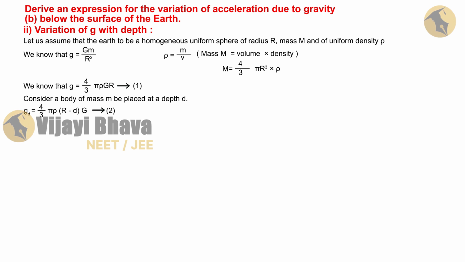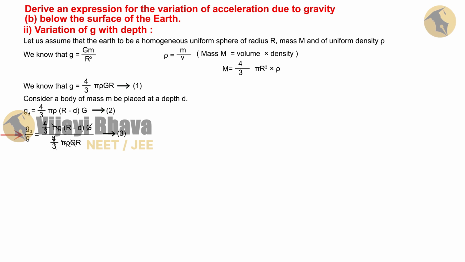Dividing equation 2 with 1, we get gd by g is equal to 4 by 3 pi rho into R minus d into G by 4 by 3 pi rho G R. We can cancel the similar terms like 4 by 3 pi rho and G in the numerator and denominator.